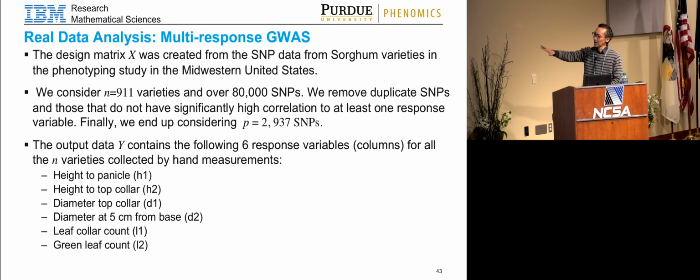For the phenotypes, we consider these 6 phenotypes. Remember, we are not just interested in clustering the SNPs, but we're also clustering the phenotypes. In this case, the number of phenotypes is relatively small, but we have 2 each of height-related, diameter-related, and leaf count-related phenotypes.